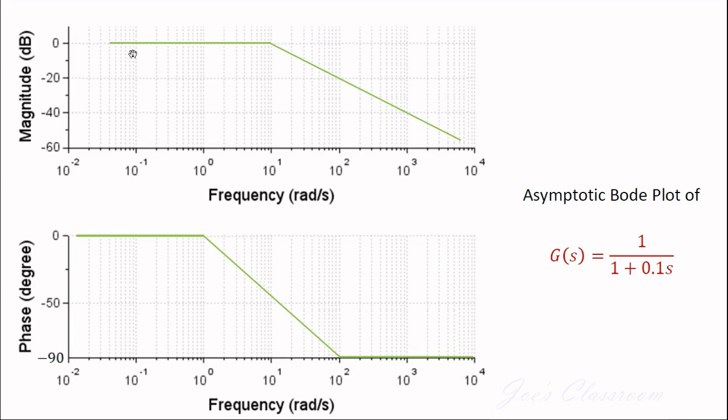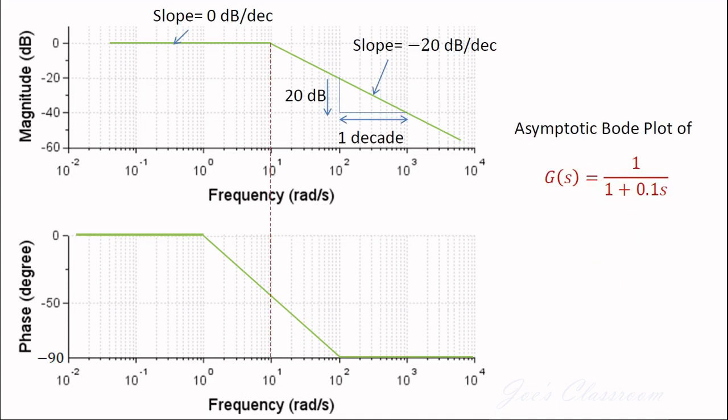So here a straight line with zero slope, and here is another straight line with some finite slope, and in the phase plot there are three straight lines, two lines with zero slopes, and one line with some finite slope. And he called this Bode plot the asymptotic Bode plot. Also, when he drew this asymptotic Bode plot, he observed certain interesting things.